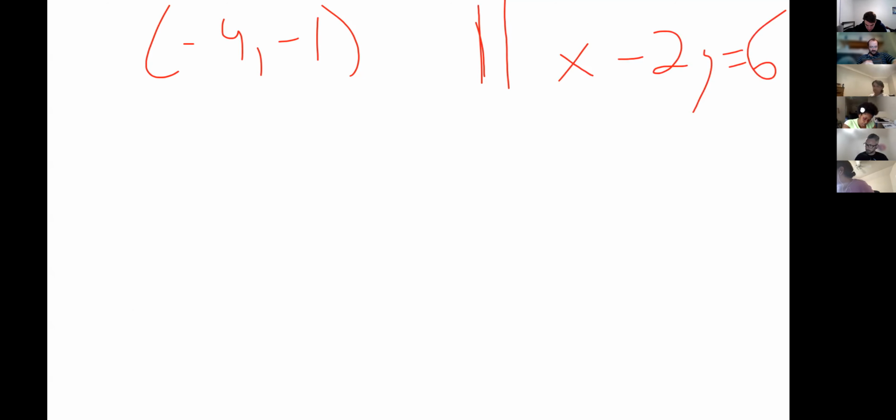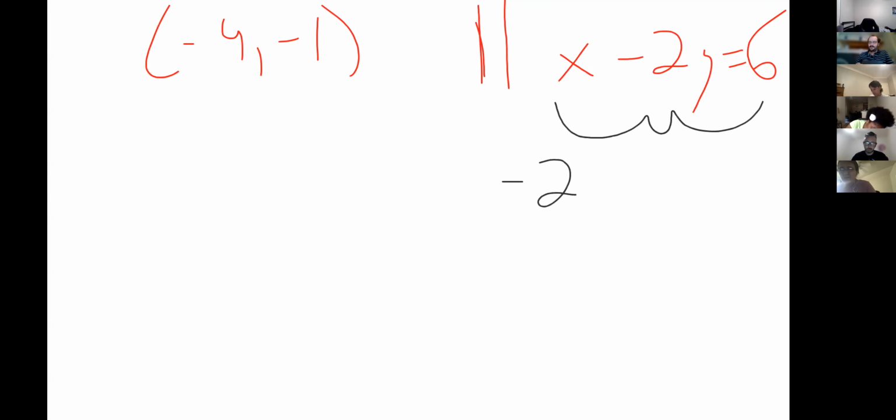So what do we have to do? We have a point. What's the other thing we need? We need to find the equation for y, mx plus b, to replace, find the slope first. We got to find the slope first. So I'm finding the slope of this thing.